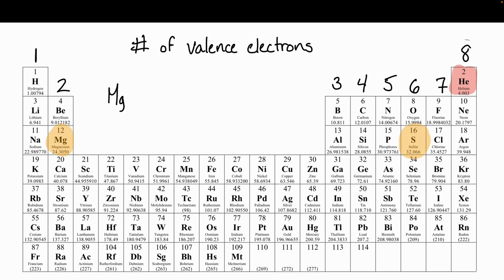All right, magnesium and sulfur, both solids in their standard state, right? We can convince ourselves because they're black up there on our periodic table. These will come together to form the ionic compound magnesium sulfide, which is also a solid.